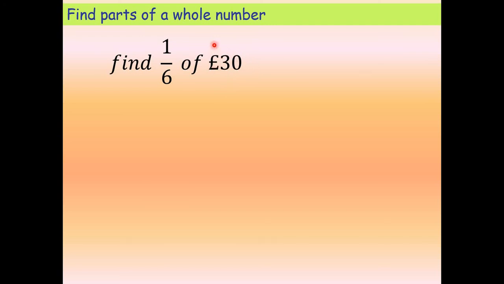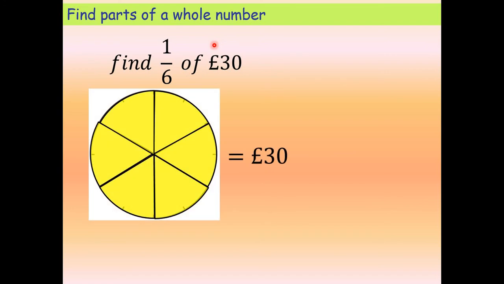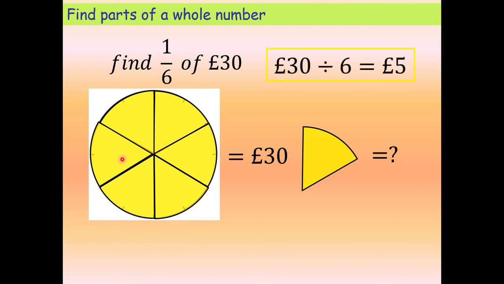So the best way to do that is we need to split this £30 into 6 parts, or divide it by 6, and that is going to tell us how much one part is. So if you do 30 divided by 6, you're going to get £5, and that's how much each person would pay if 6 people went to a restaurant and split a bill of £30.